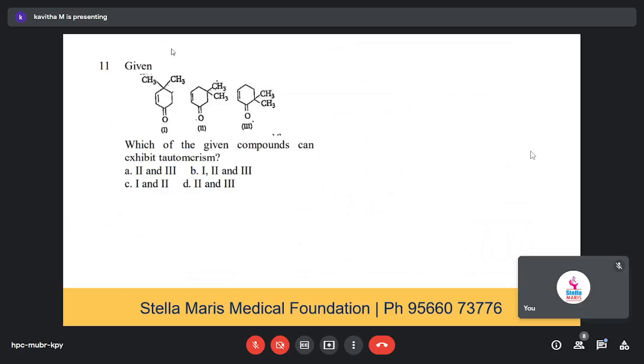So in the case of structure 1, this place is not having hydrogen.